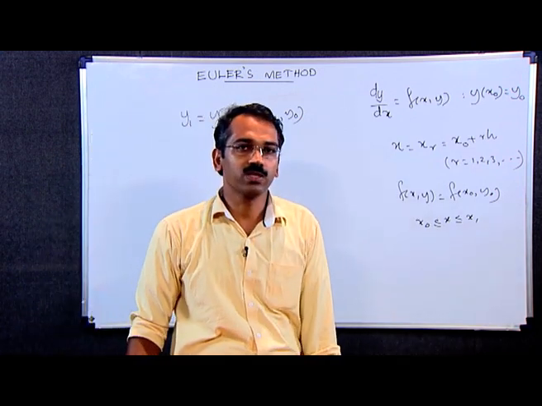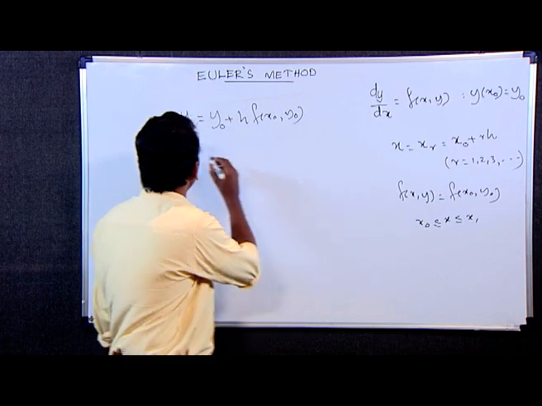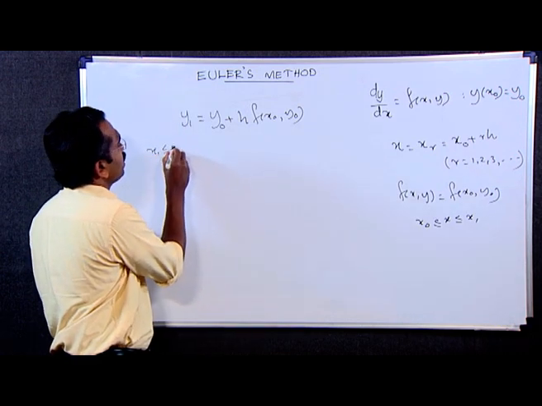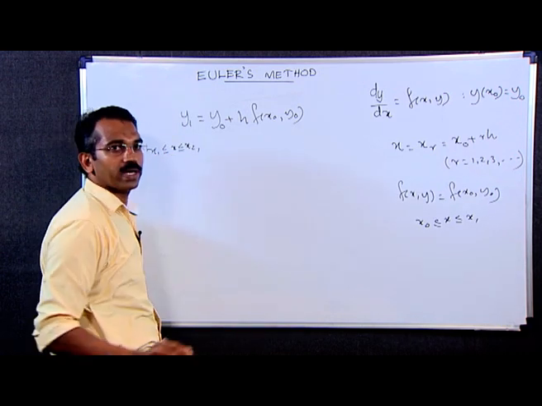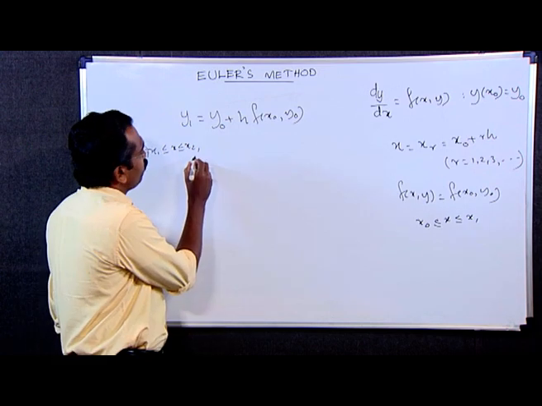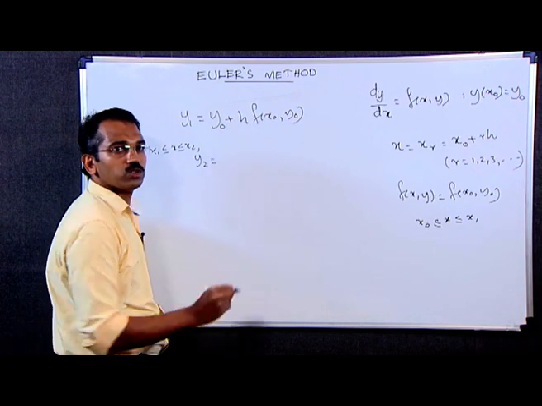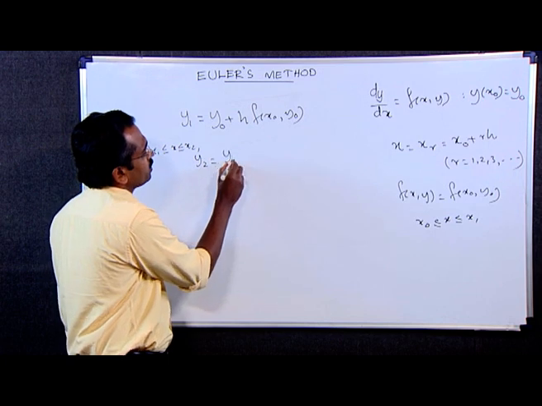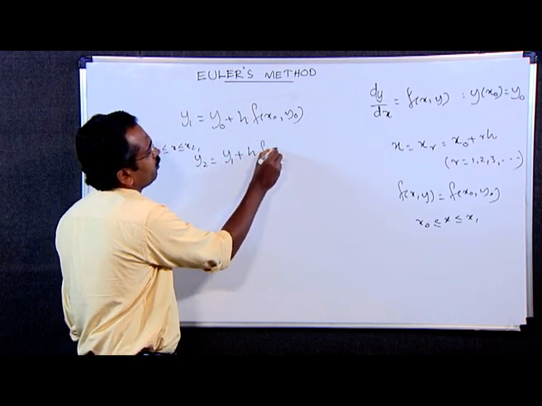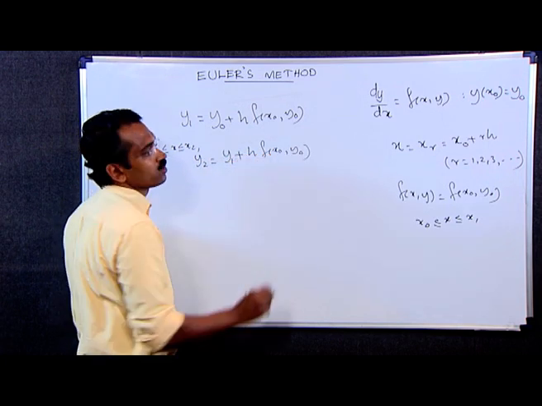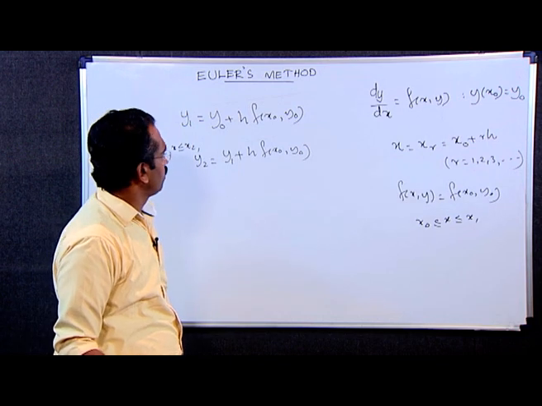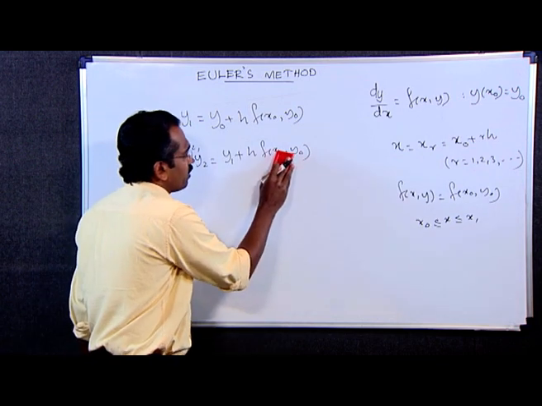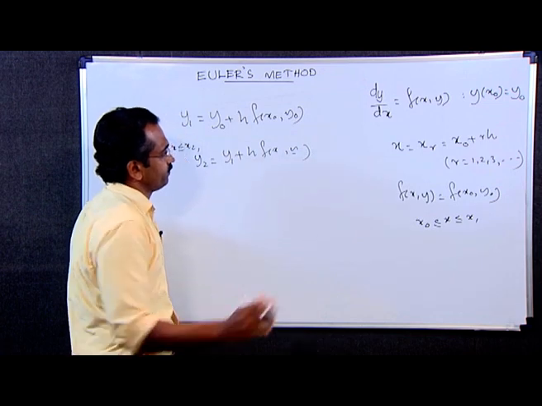Similarly, for the range x1 less than or equal to x less than or equal to x2, we have y2 is equal to y1 plus h into f of x1 comma y1.